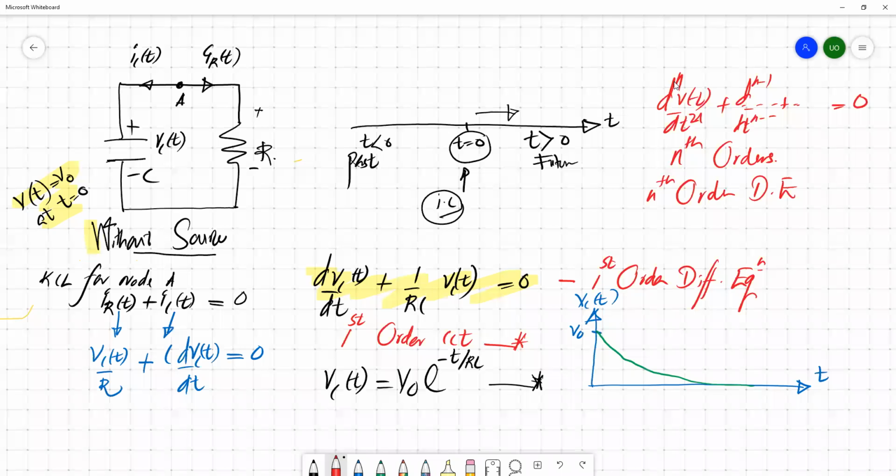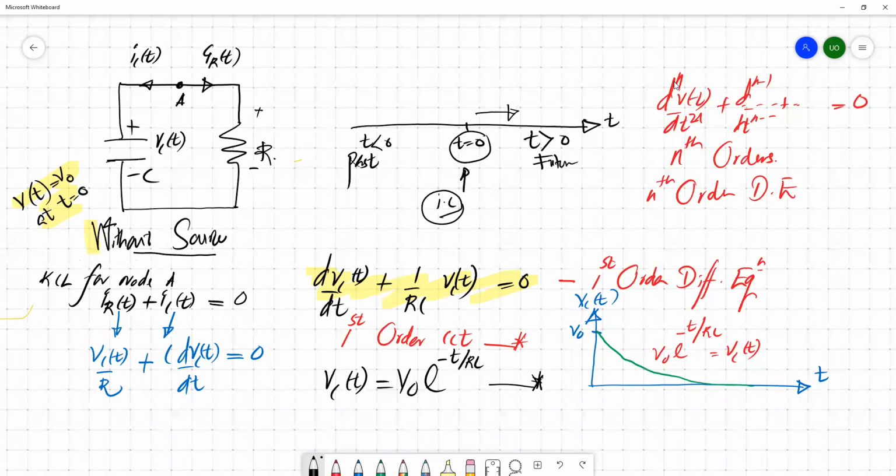So this is V naught e to the power minus t over RC, the voltage across the capacitor. It's an exponential decaying function, and the initial voltage is V0, and after a certain time it decays to 0.